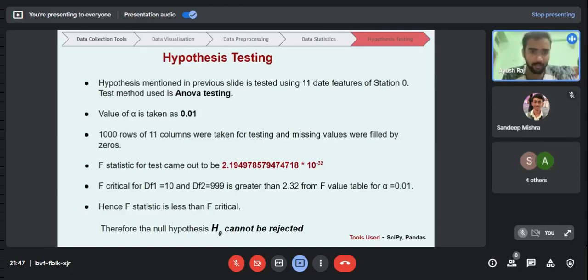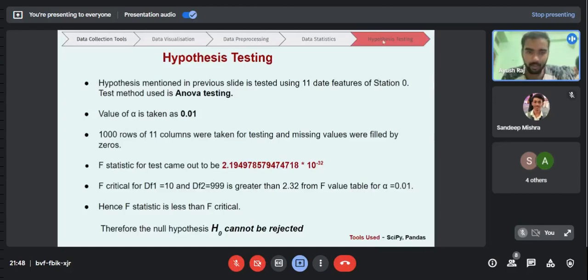For ANOVA testing, first of all, the significance level, alpha, we took was 0.01. As we have 1000 rows and 11 columns, degree of freedom 1 will be 11 minus 1, that is equal to 10, and the second degree of freedom is 999.